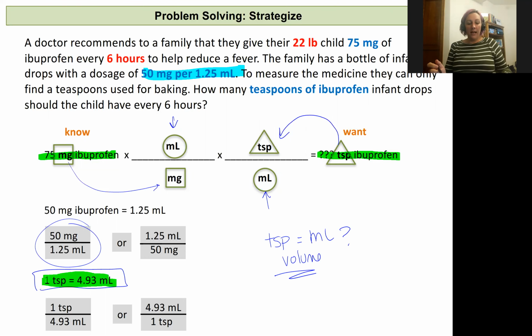So now I have a chain of conversion factors based just on the units that I have to work with that will allow me to craft a solution to my problem that'll get me from milligrams into teaspoons. And at this point, then I just have to add in the numbers. So let's look at that.